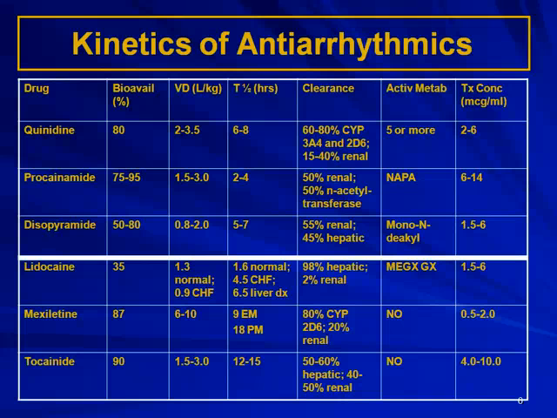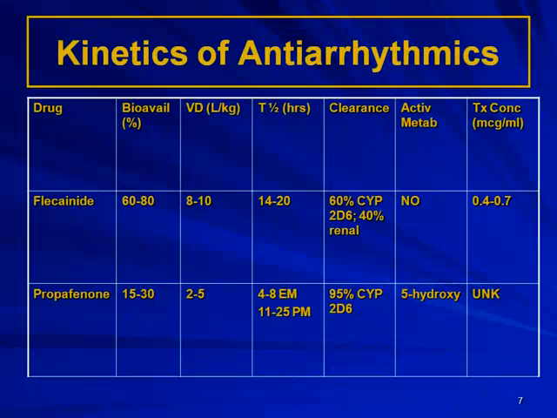You'll notice on the slide that extensive metabolizers have a half-life of about 9 hours, so the drug could be given Q8 in those patients. Poor metabolizers have a half-life of 18 hours, so they may get by with twice a day or even once a day dosing, and it's tough to know where patients fit in terms of being extensive or poor metabolizers prior to initiation of drug therapy.